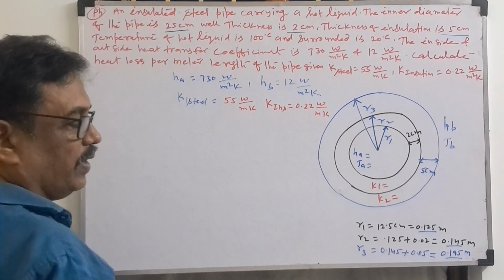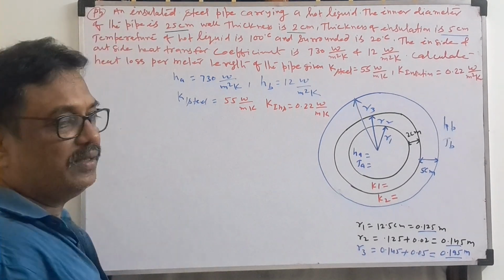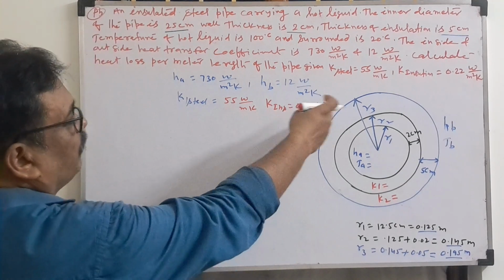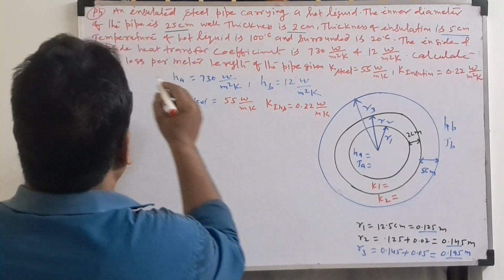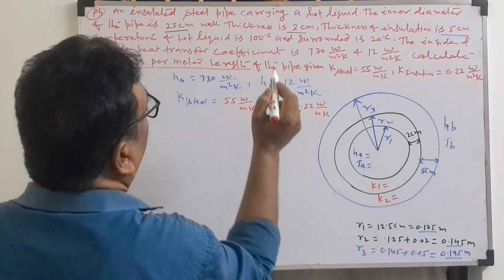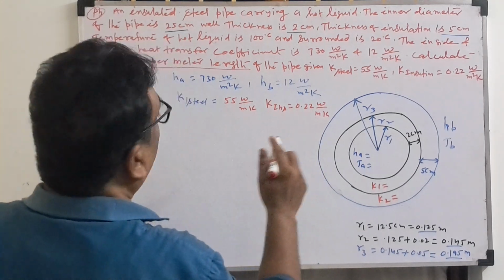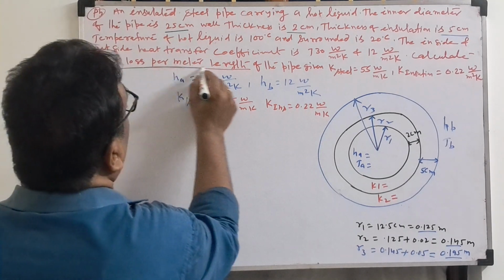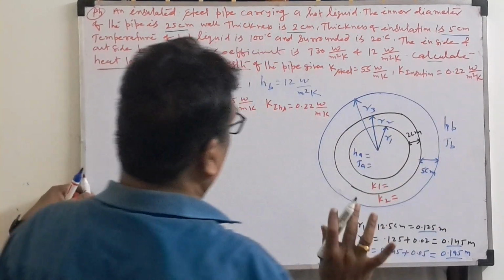If it is a metal, the thermal conductivity will be a big value; for insulations the value is more or less less than 1. What are they asking? Only the heat loss per meter length of the pipe.